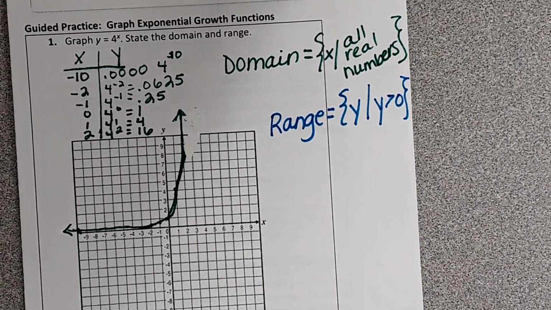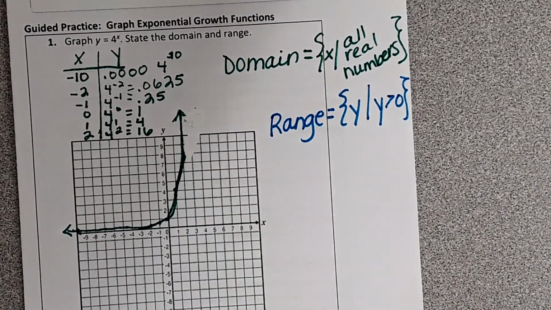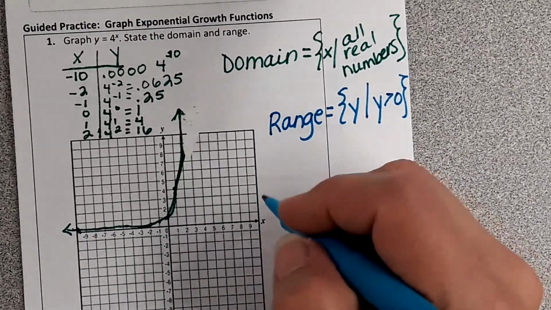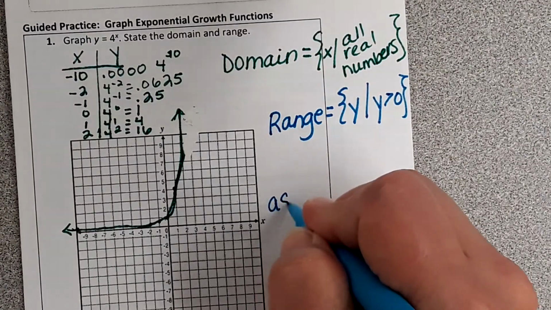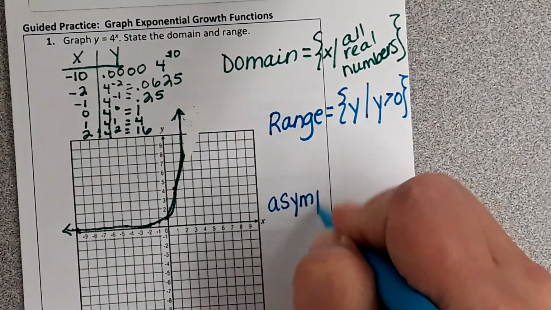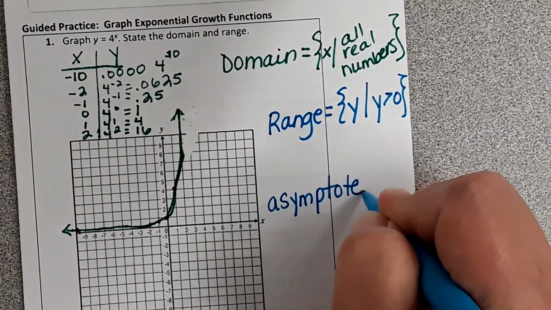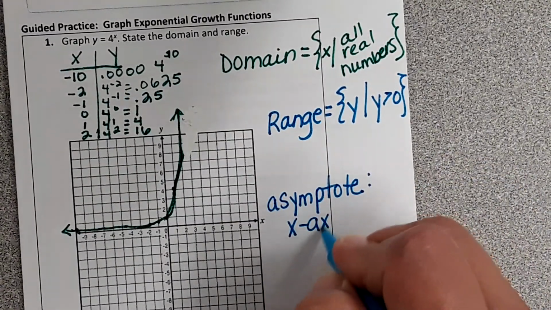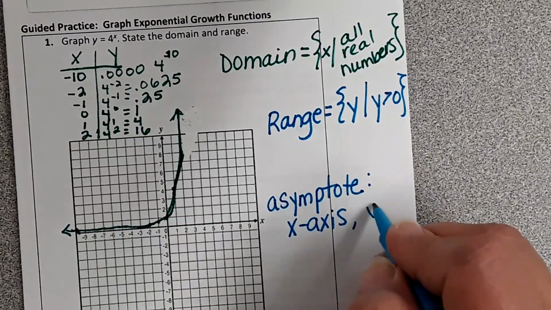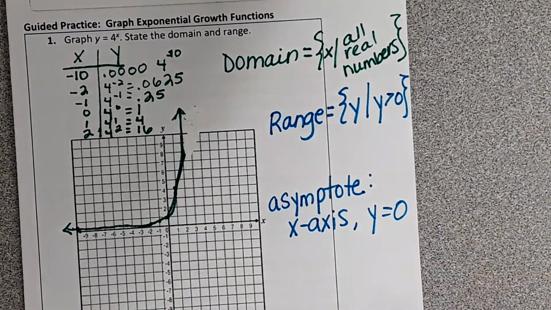That is y equals 0. And then our asymptote is either the x-axis or the line y equals 0, because those are the same.